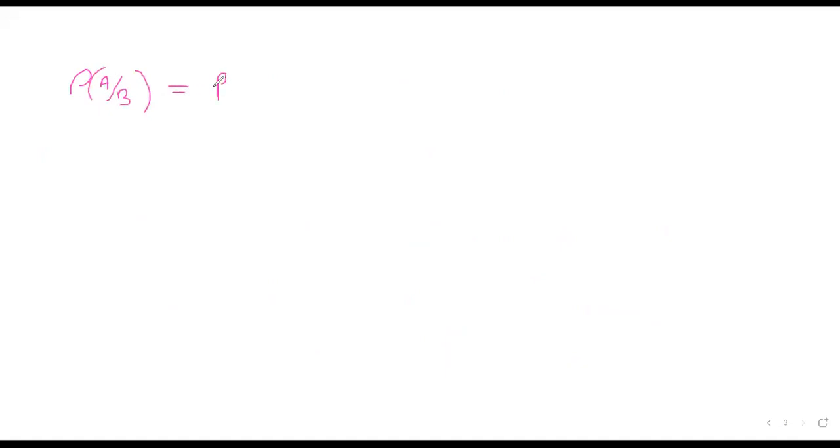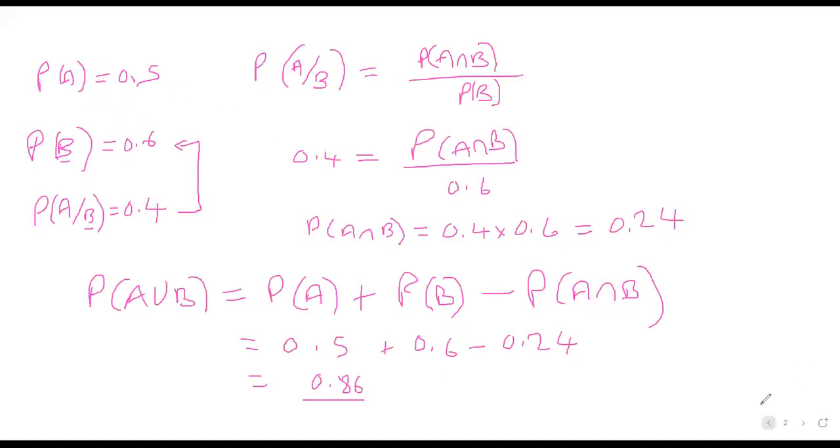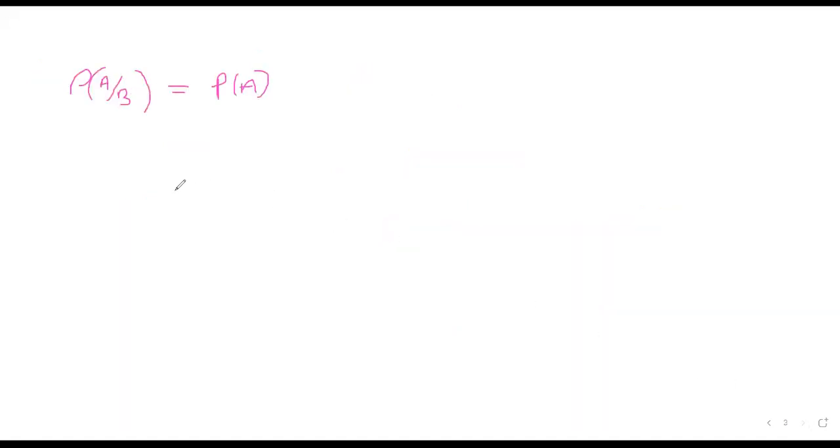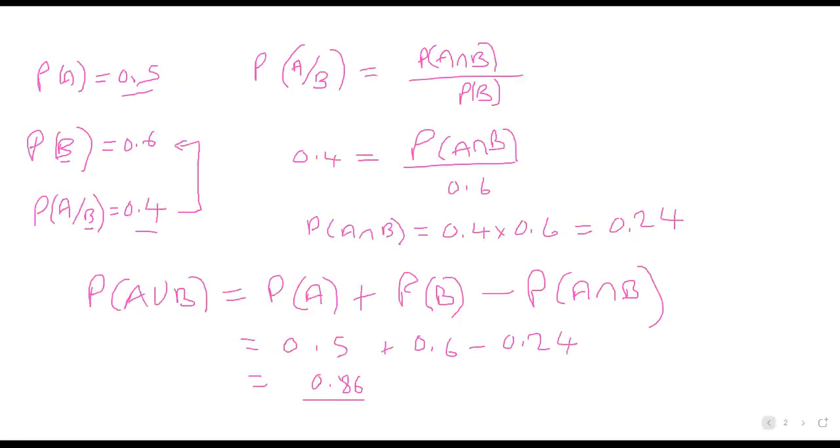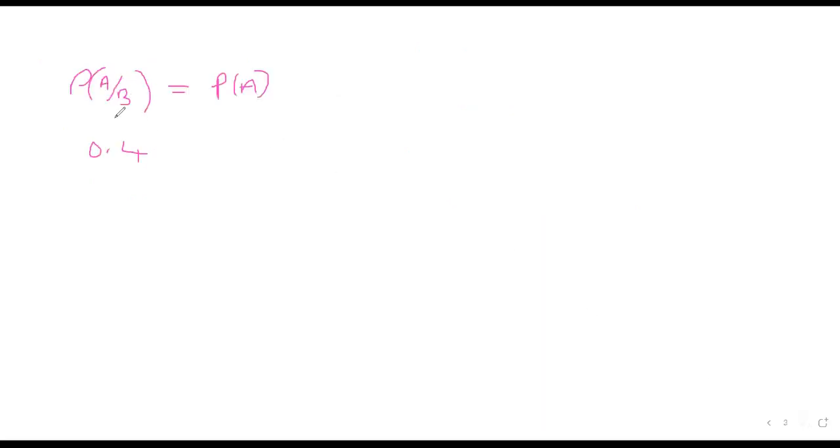A given B must go to A. Our A given B is 0.4, and our A is 0.5. Are they the same? No. So we say not independent.